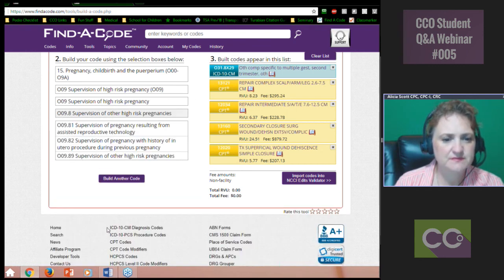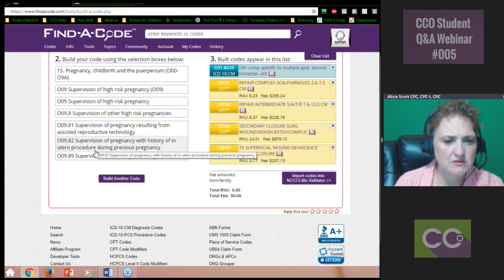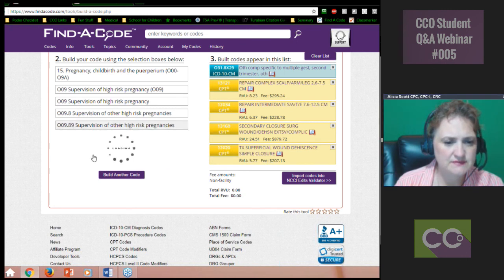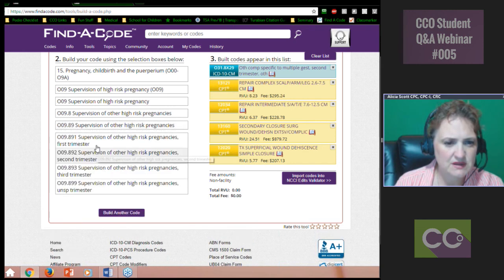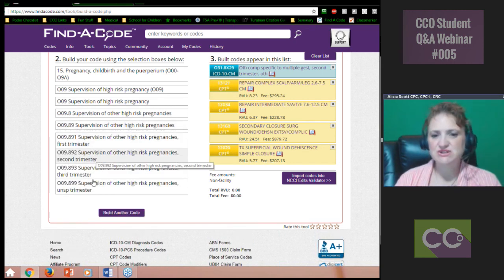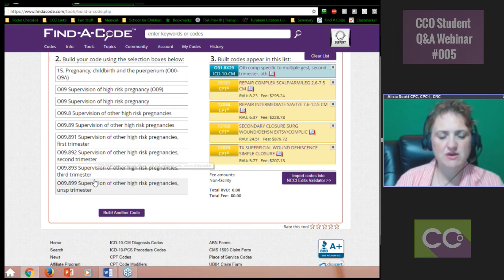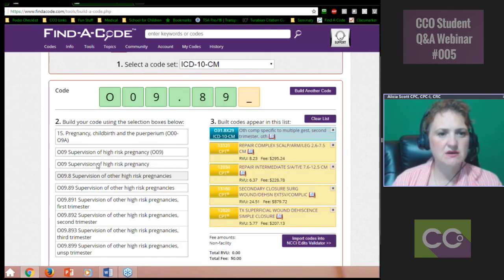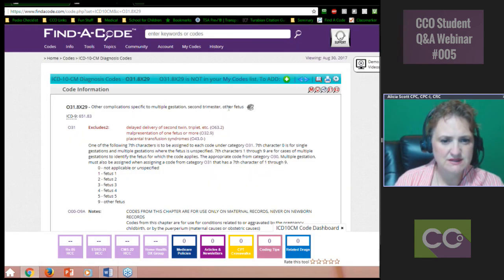Let's see. Pregnancies. I'm pretty sure there is a code for monoamniotic babies. Let's see what this one is. It's not it. Malposition.